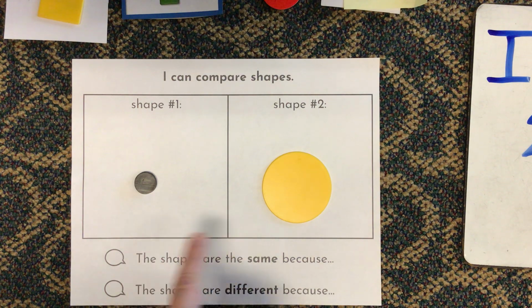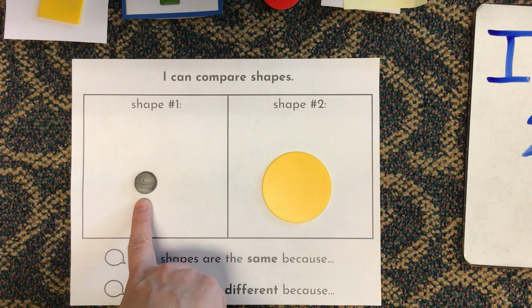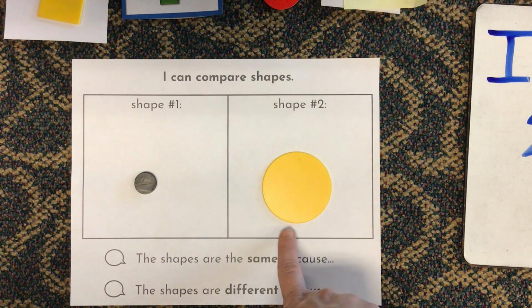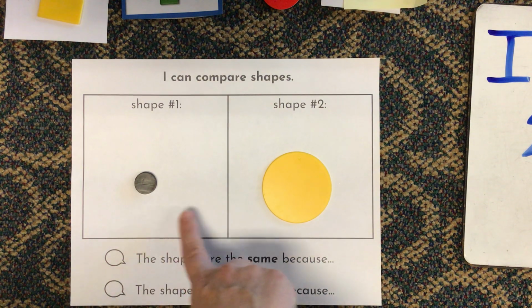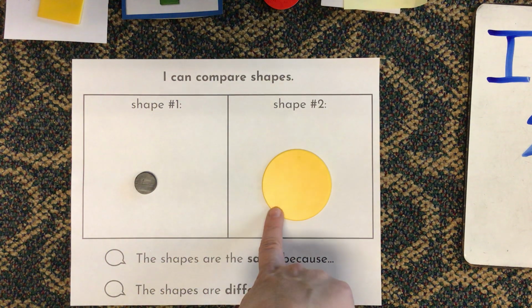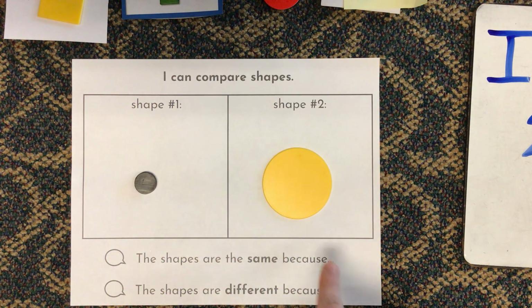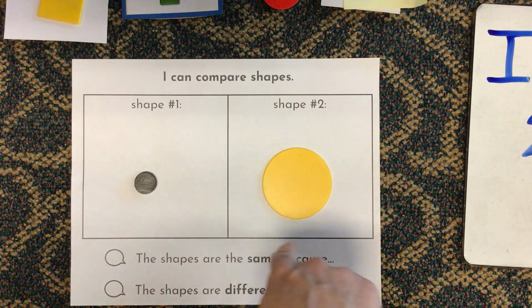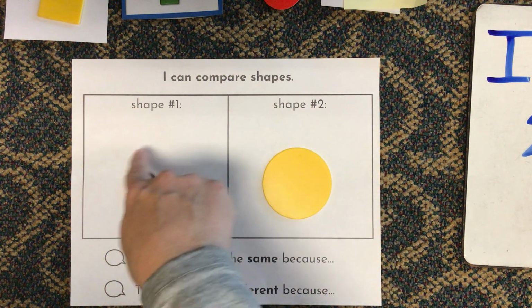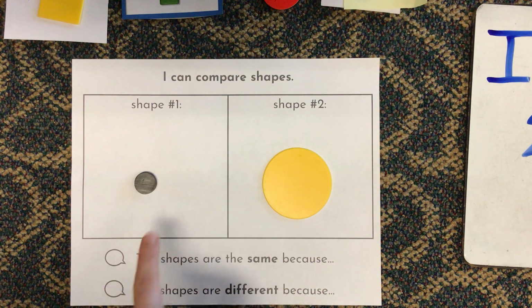Okay, let's compare these 2 shapes. What do you notice? What shape is this? A circle. Is this a circle? Yes. And is this a circle? Yes. So that's something they have the same. They are both circles. Okay. What else do you notice that's the same? They're both round. Okay, now let's look at the differences. What are the differences you see between these 2 shapes?